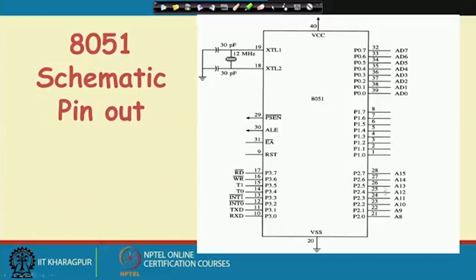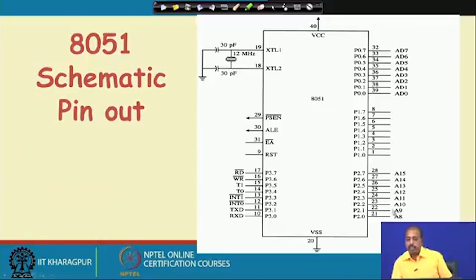Then if you look into port 2, these pins are also multifunctional; they act as IO pins as well as the higher order address bus. If you are connecting some external memory, then pins 21 to 28 and 32 to 39 will be used by the external address and data bus, so you cannot use those ports for IO operation.